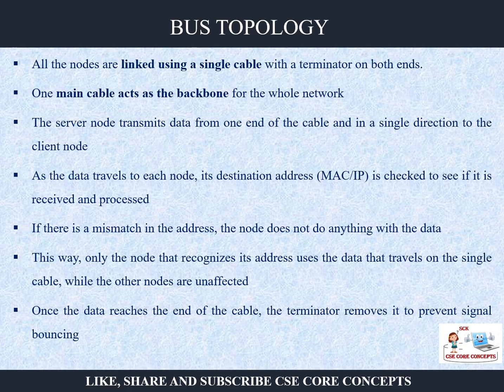If the address of that node does not match the data's address, it does nothing and lets the data go. If it matches, it receives the data. This way only the node that recognizes the address uses the data on the single cable. Once the data reaches the end, the terminator removes it to prevent the signal from bouncing.